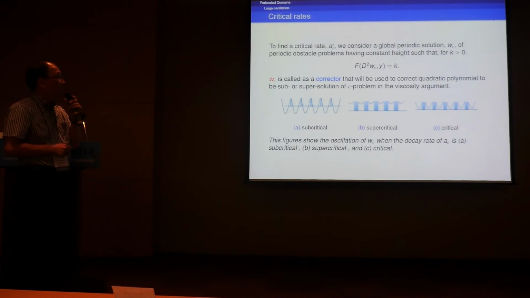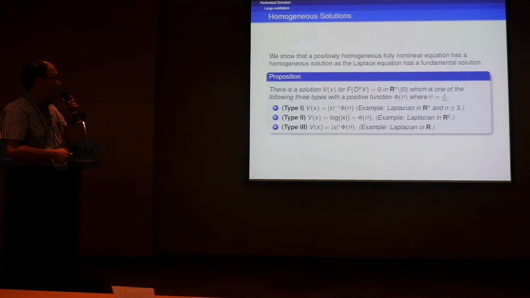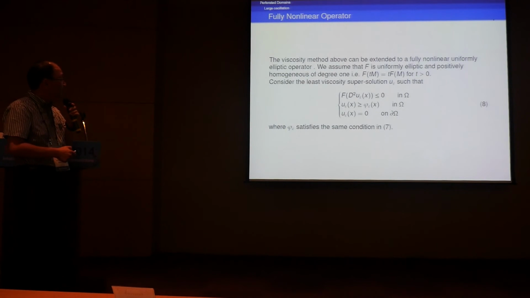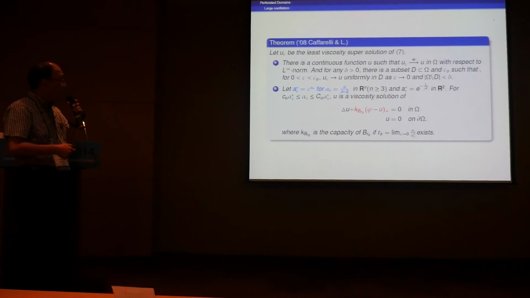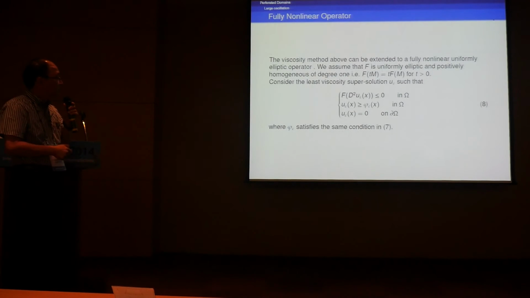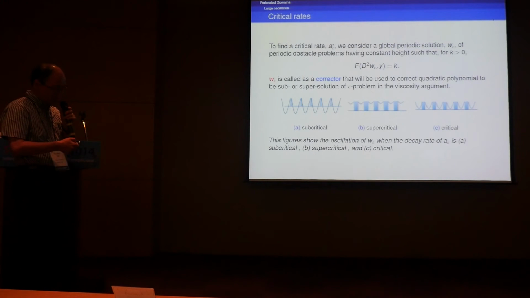And now, well, let me go back a little bit here. The influence of the obstacle on the solution comes in this way, and this is the capacity. So after getting a critical rate, we need to find out the influence of capacity. The way is the following.